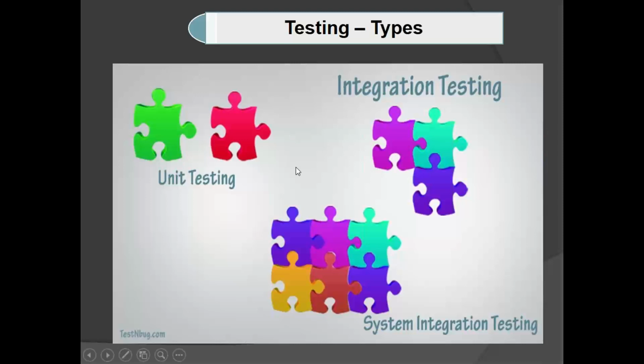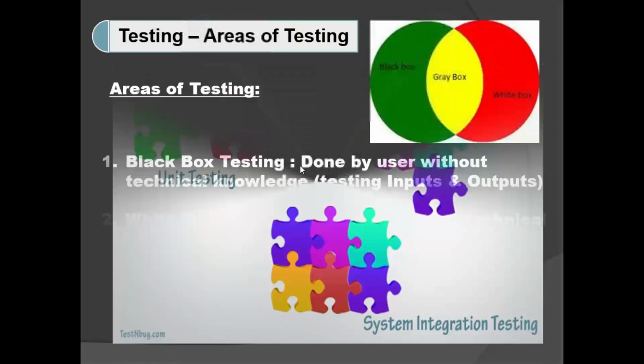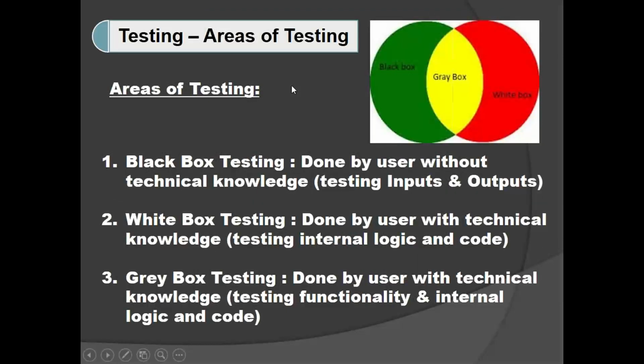Then the next one is what are the different areas of testing. We have three different areas: black box testing, white box testing, and gray box testing. Black box testing is also known as functional testing, and we are going to do testing only of the functionality.